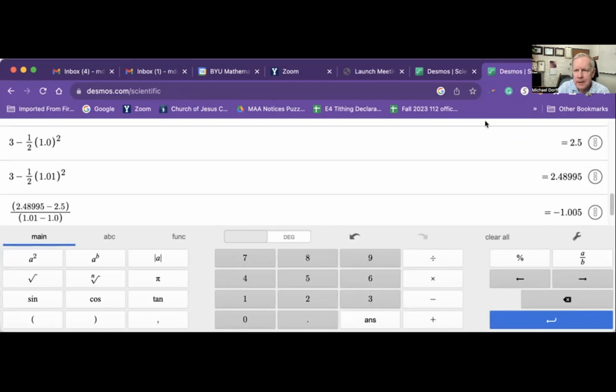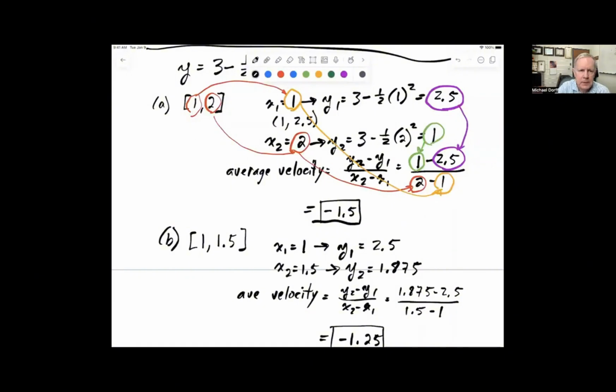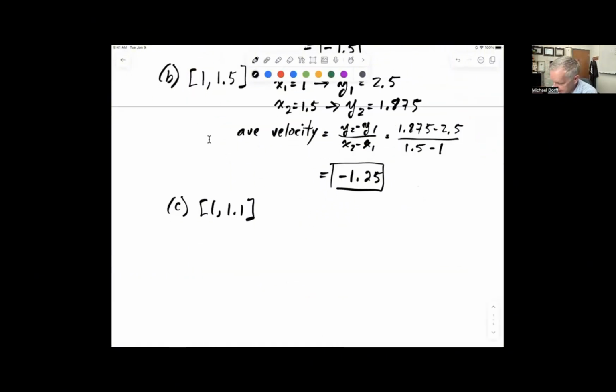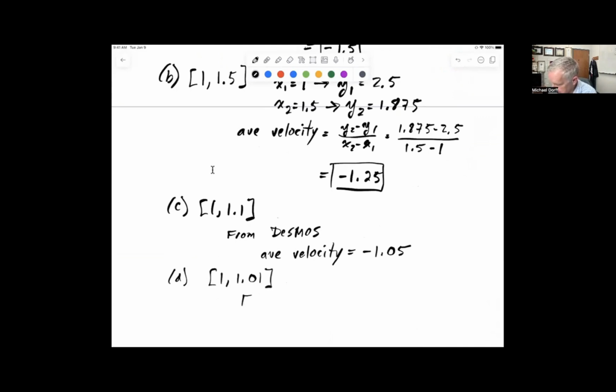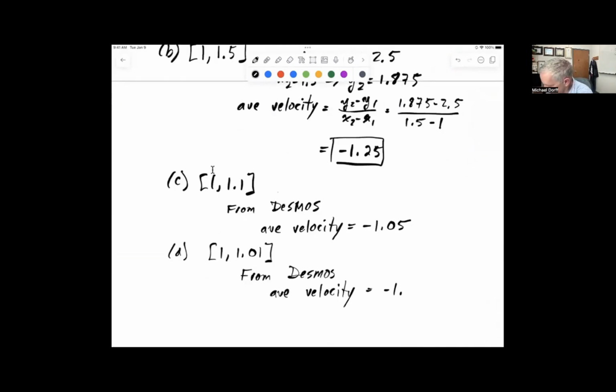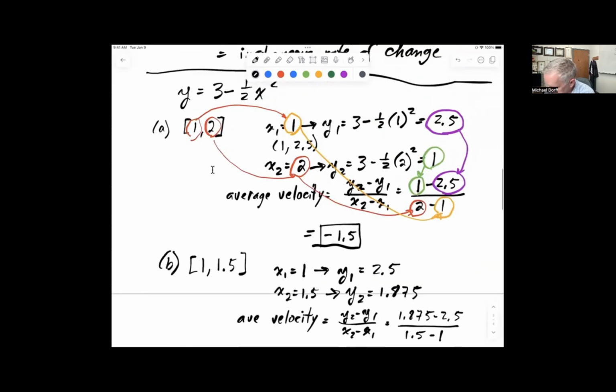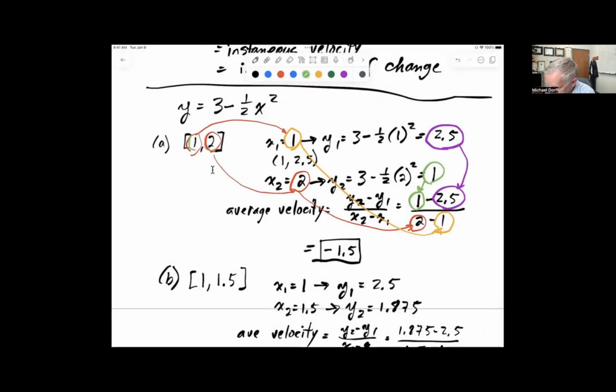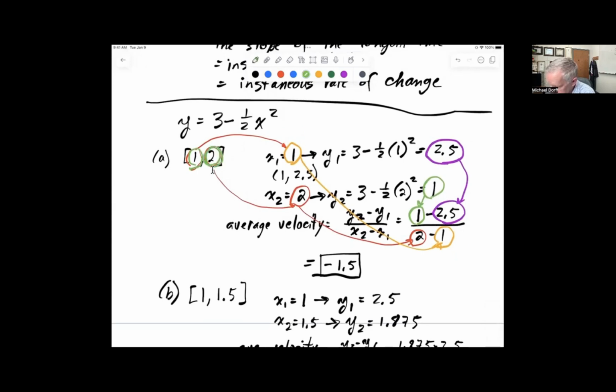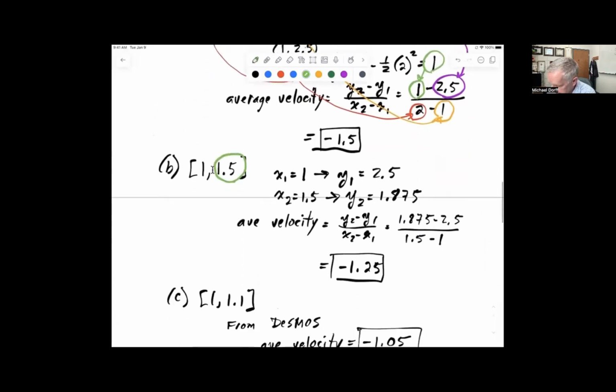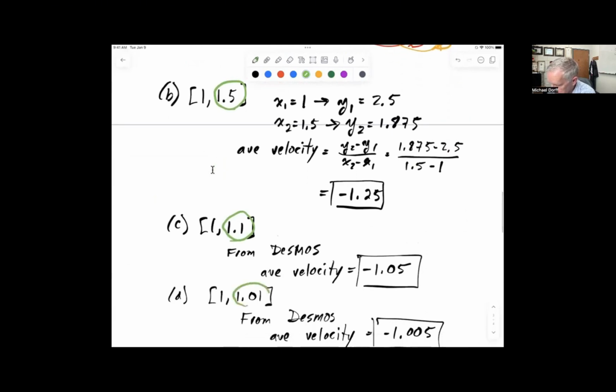Going back now to my iPad, we use this information here. From Desmos, we came up with the average velocity of negative 1.05 for 1.1, and using 1.01, the average velocity was negative 1.005. Looking at these values, notice my x values: I used 2, then 1.5, then 1.1, then 1.01.